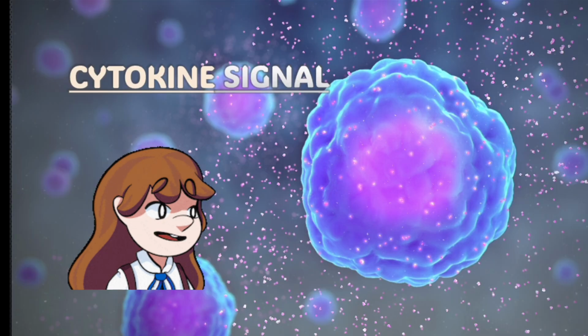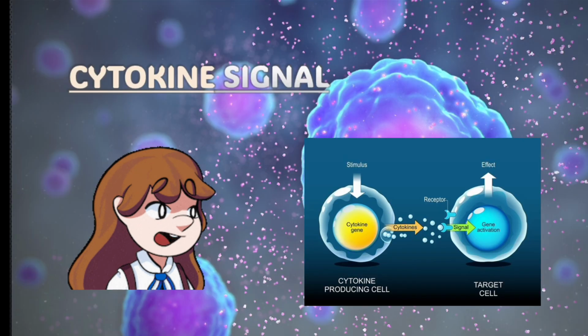So these cells communicate with cytokine cells. These cytokine cells create a cytokine signal to the hypothalamus of the brain, which is the thermostat of our body, to increase the body temperature for inhibiting bacterial or pathogenic growth. That's why our body gets hot during a fever.